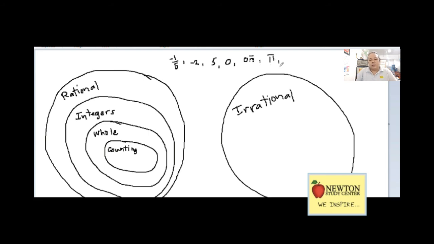So let's try to classify these different numbers, and let's see where we could place them in this illustration of sets of real numbers. So all of these are inside the big set of real numbers.